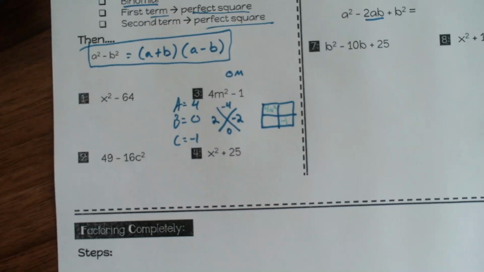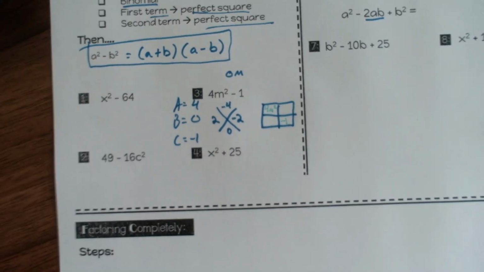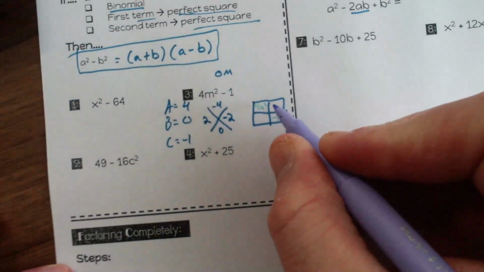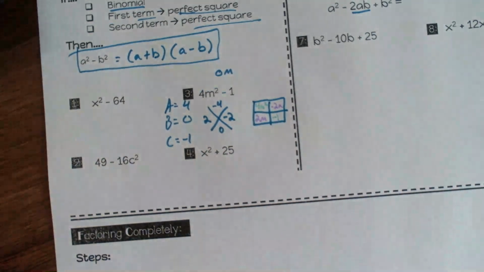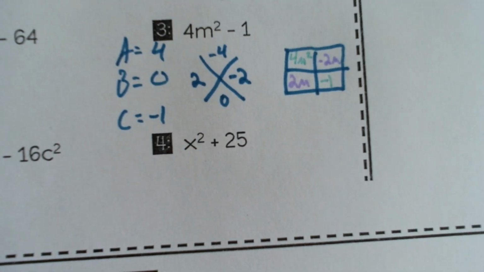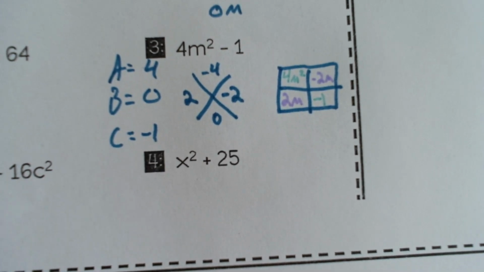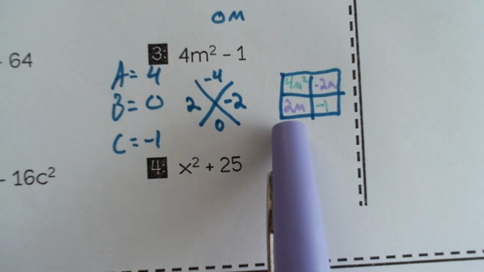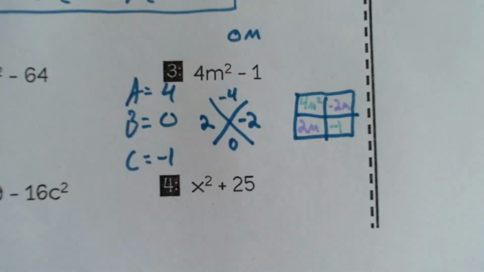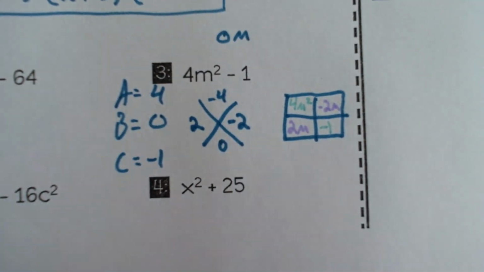These other boxes in the top right and the bottom left, one is negative 2m and the other one is positive 2m. Sorry, those look pretty far away and I was writing pretty small, so I wanted to bring those up a little closer. Okay, so we have 4m squared, negative 2m, 2m, and negative 1. So now we fill out our areas around the box.